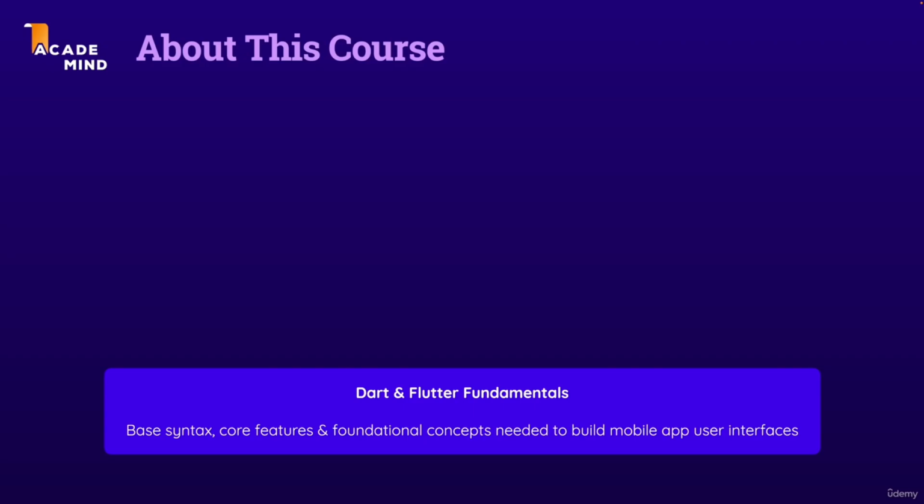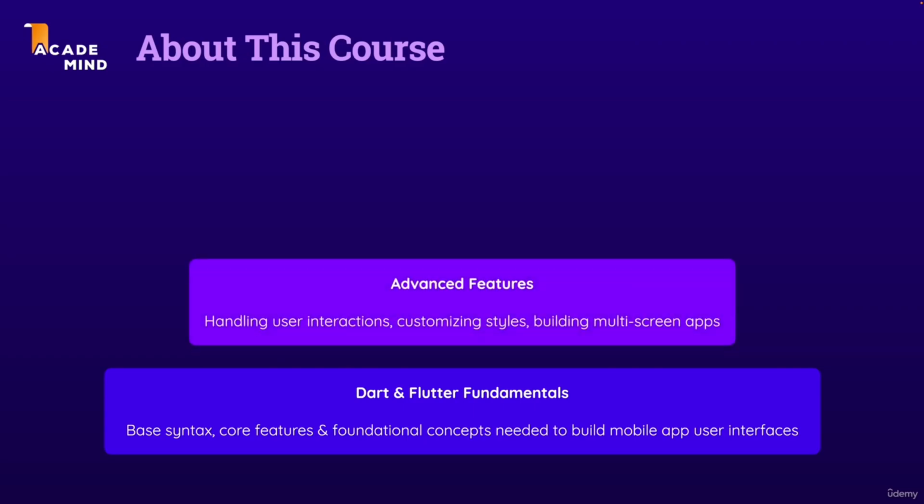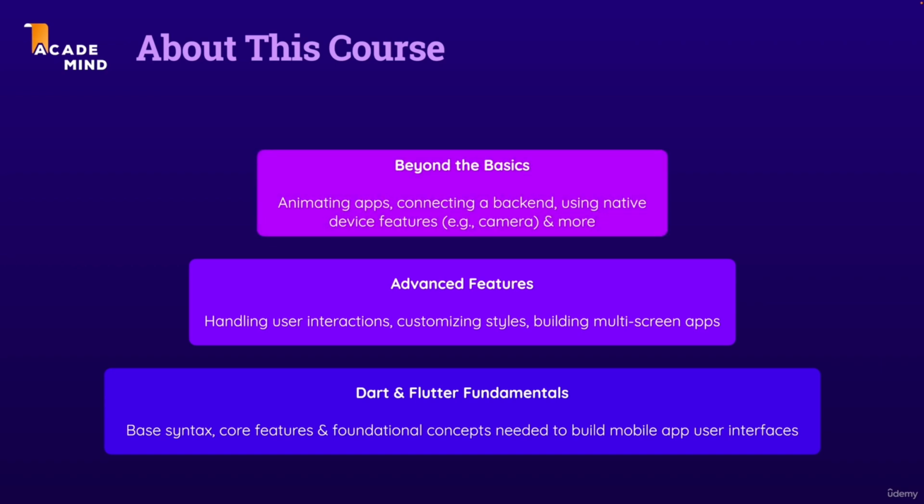Instead, we're then also going to dive into advanced features after covering the core features in the first couple of course sections, and you will learn how to handle user interaction, how to customize the styling of your apps, how to build multi-screen apps, and much more before we then dive into even more advanced features and you learn how you can animate apps, how you can connect a backend, how you can use native device features like a camera in your Flutter app, and much more.